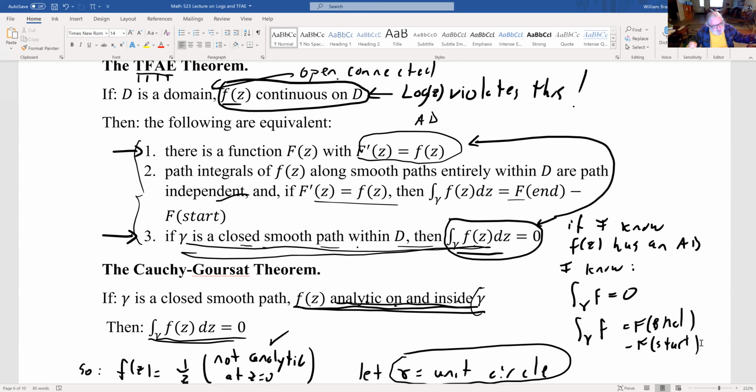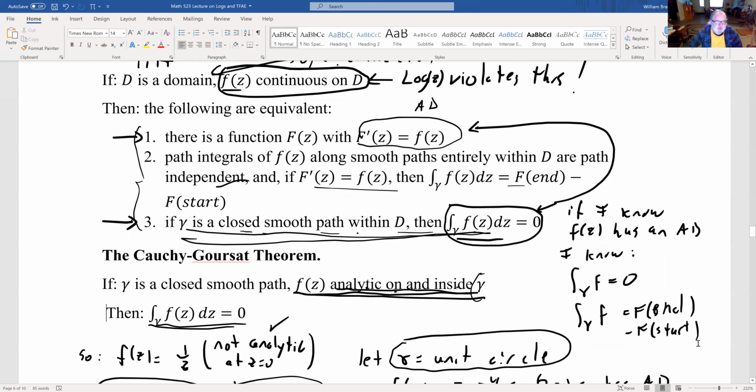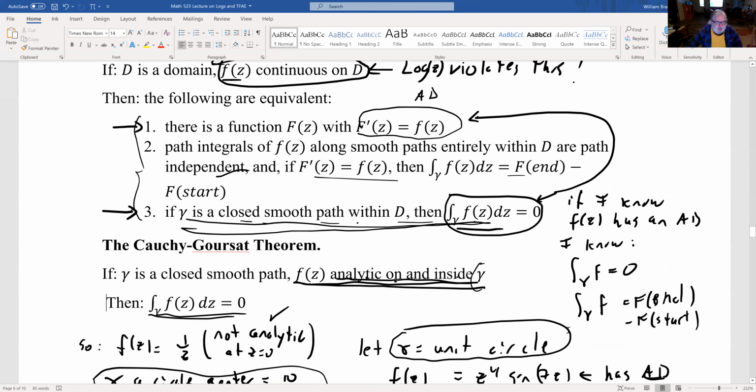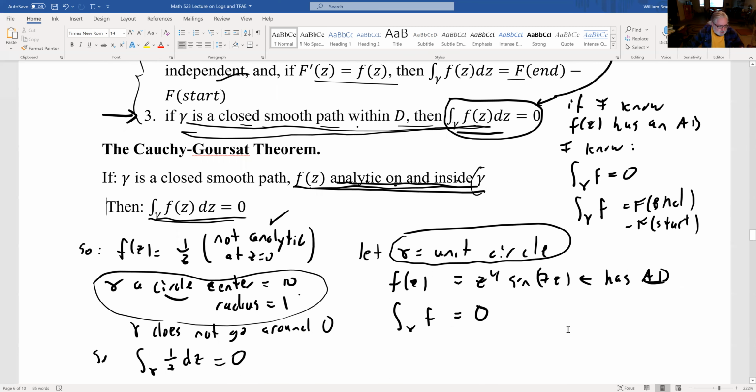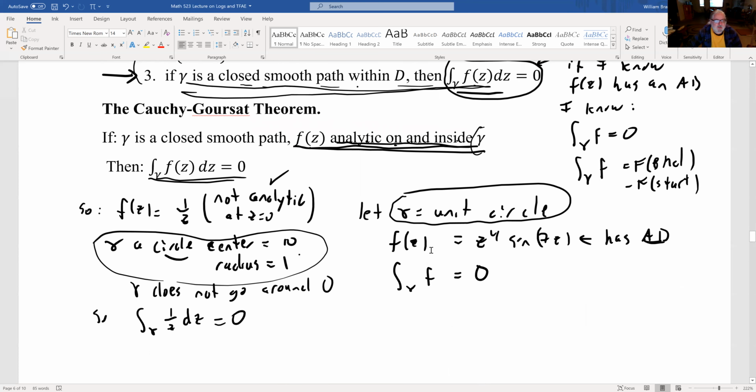You have to cut away the branch cut to be able to define an antiderivative of logarithm of z. So the following is our equivalence theorem and the Cauchy-Goursat theorem, which we had worked on in class a little bit. It was stuff that we did after spring break, actually. The lectures were after spring break, but we did do them in class a little bit. And so I think that's all that you would need for the test. Let's see now.